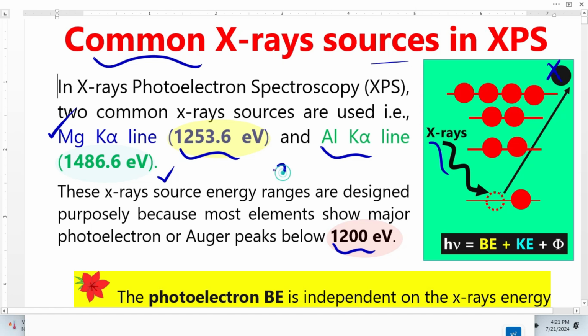If you use, for instance, a 900 electron volt X-ray source, or a 1000 electron volt X-ray source, that energy is not sufficient to remove an electron from the core shell.